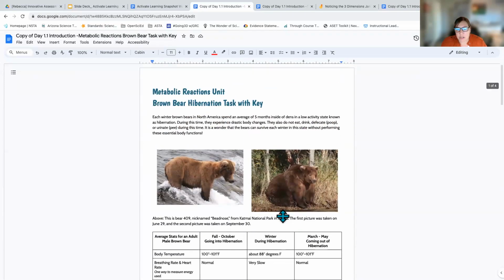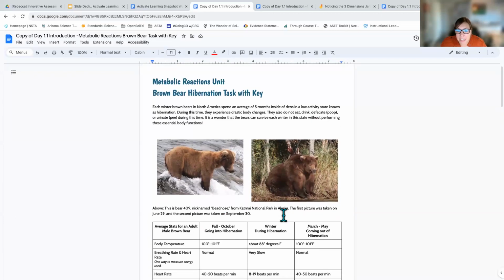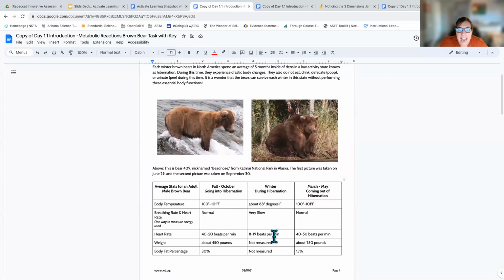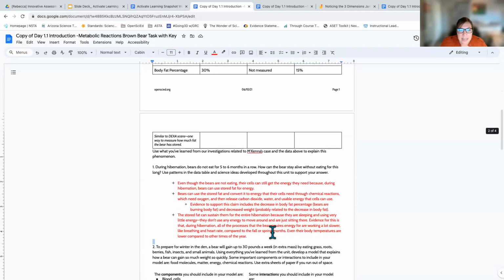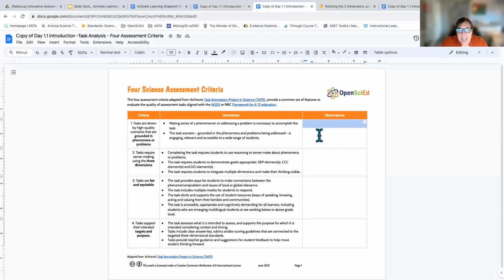So what I'm going to ask you to do for 5 minutes by yourself is do some cognitive lifting here. Read through the task. And as you read it, if you find evidence of criteria 1, you're going to write out some notes in this space right here.